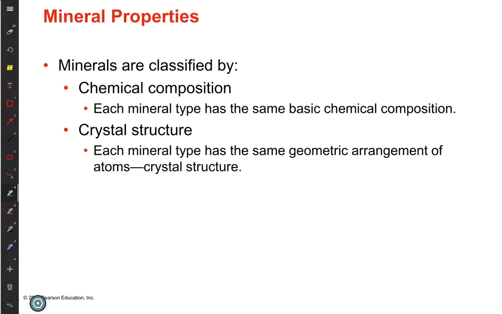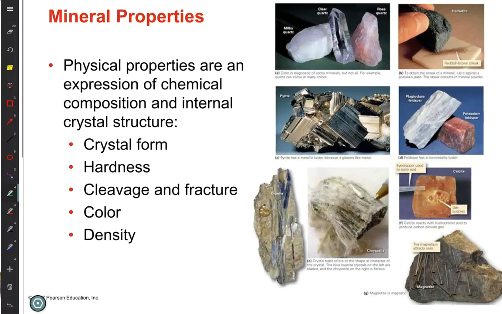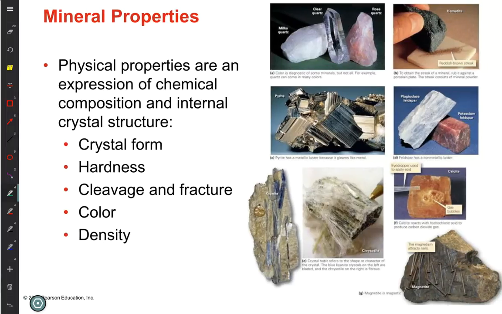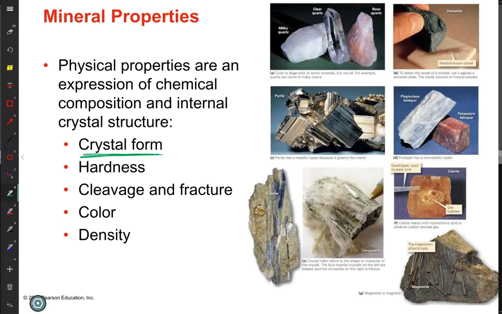So we classify minerals by their chemical composition, what elements are in it, as well as their crystal structure, the way the atoms are arranged, the geometrical arrangement. So here are some examples of crystals. Now, things we specifically test are the form. Actually, I do have it here.